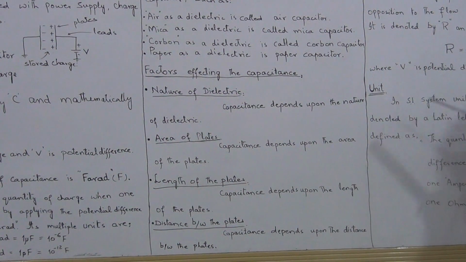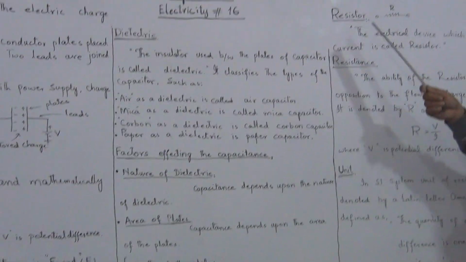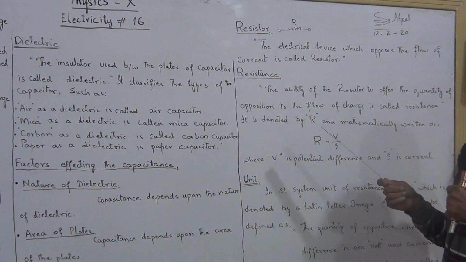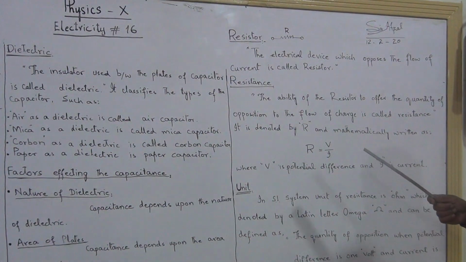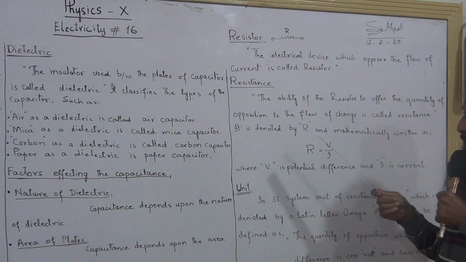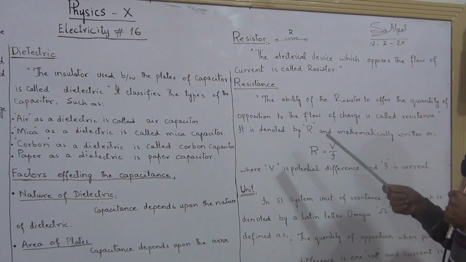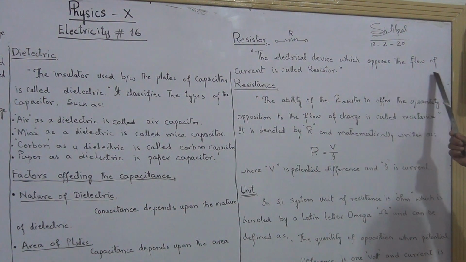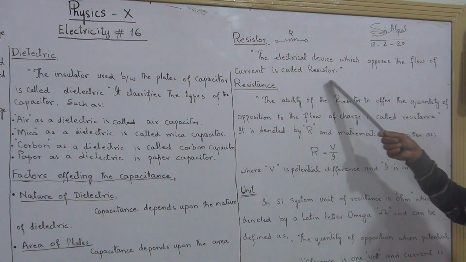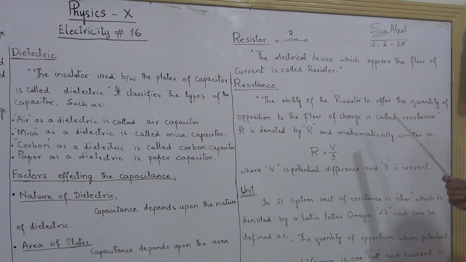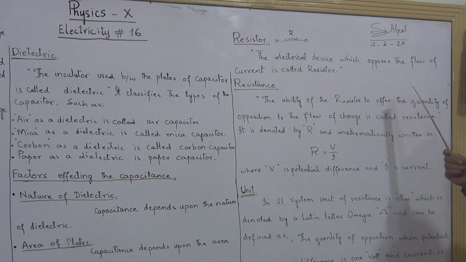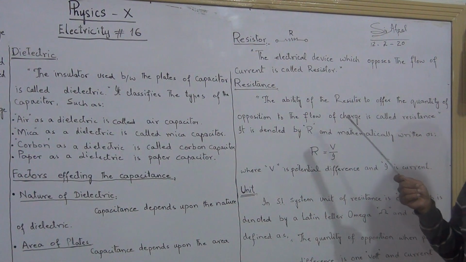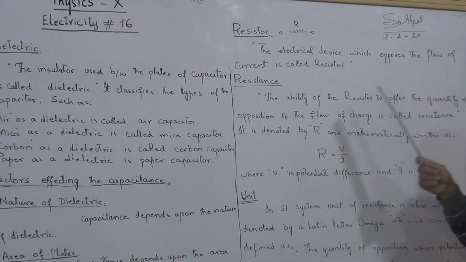Now, the other topic is resistor. A resistor is an electrical component used in electrical and electronic devices. The electrical device which opposes the flow of current is called a resistor. Resistor means it opposes the flow of current, meaning it reduces the current, it holds the current.